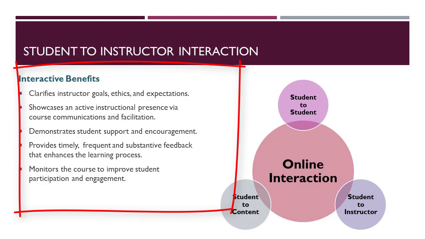And students need that information. So it really helps to build an instructor presence. A lot of times this is found in the syllabus, but there are things that you think are important. So maybe you need to strip those out so those goals are really clarified for your students. And how we show our interaction is through the variety of course communications we have and how we facilitate the course.